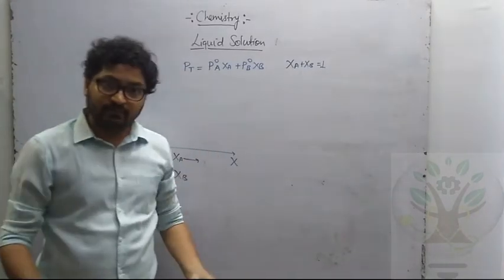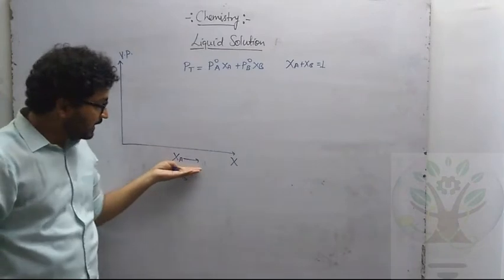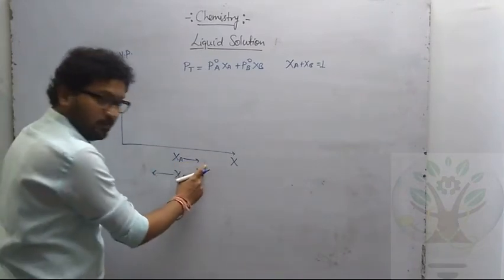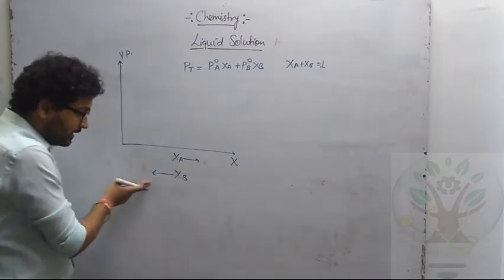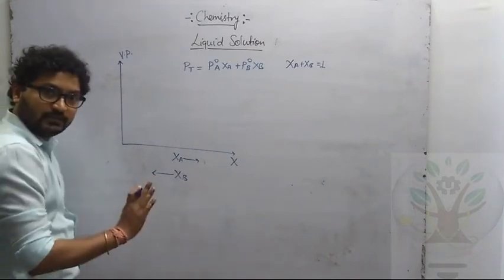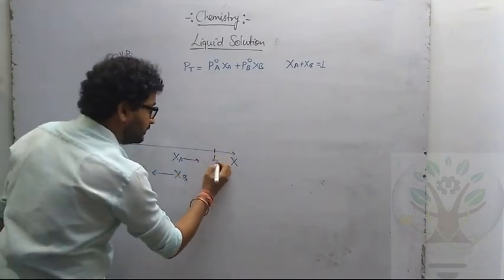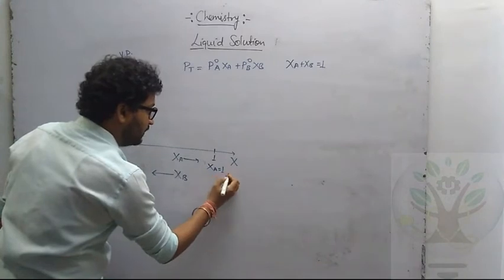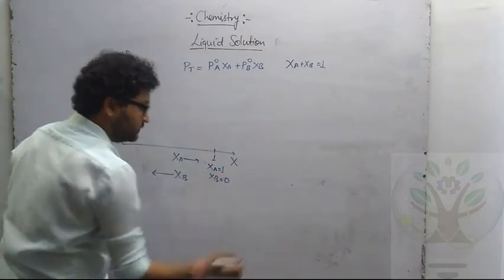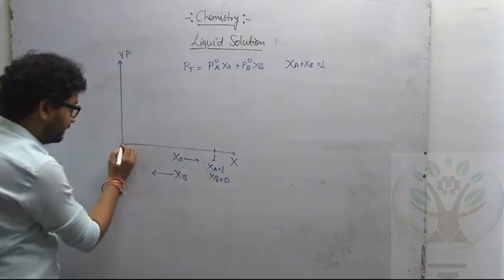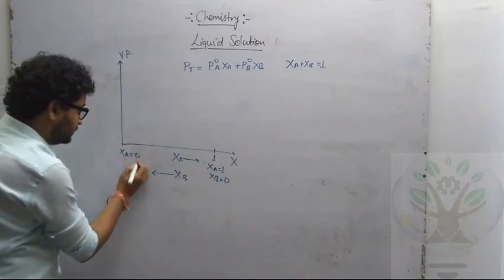In this direction XA is increasing, that is why I have written an arrow mark like this, and in this direction XB is increasing. Let's say this is 1. Here XA is equal to 1, so XB will be equal to 0, and here XA is equal to 0, so XB will be equal to 1.